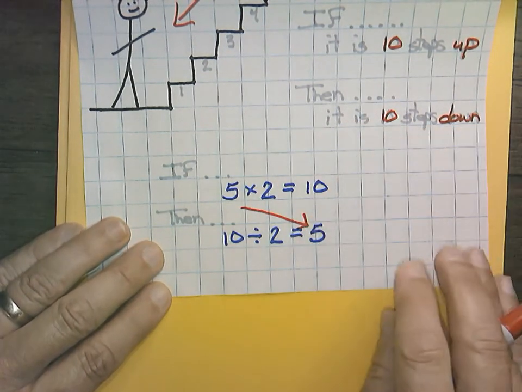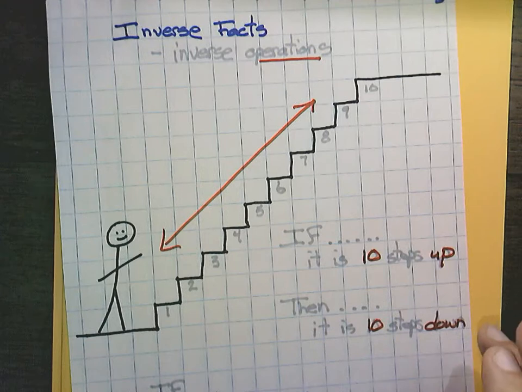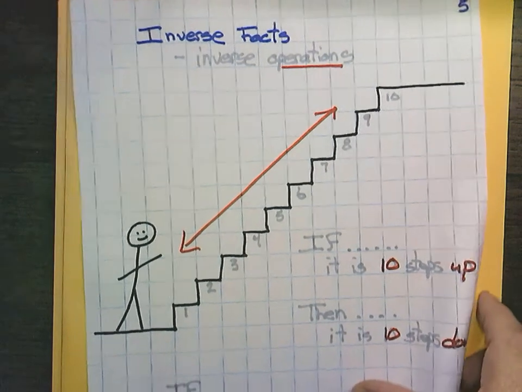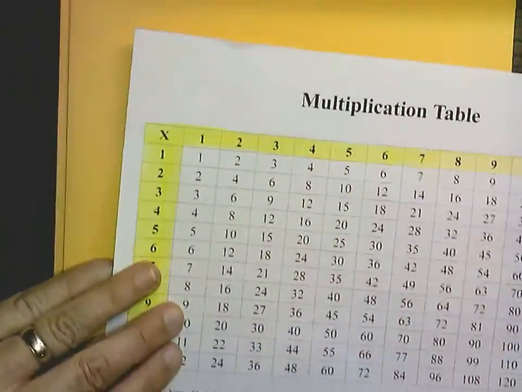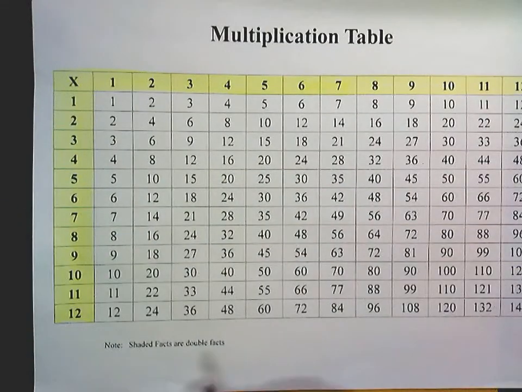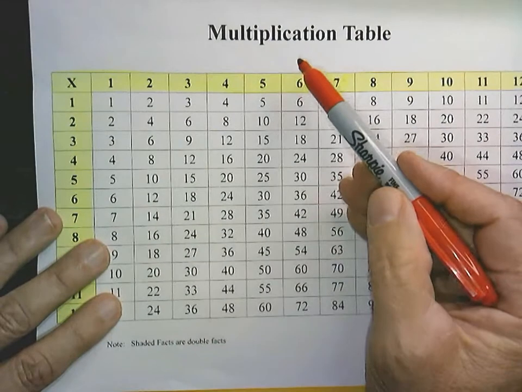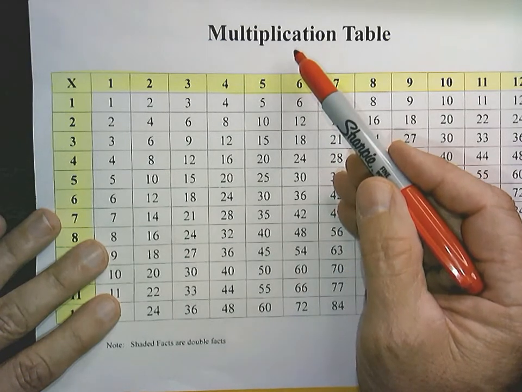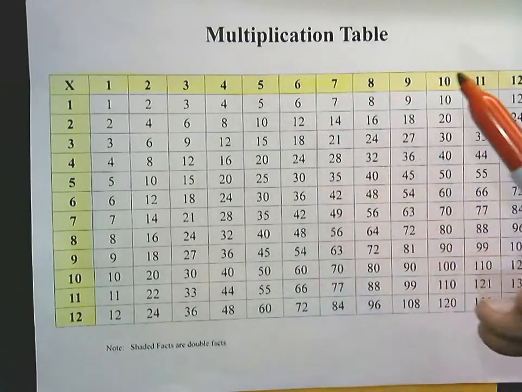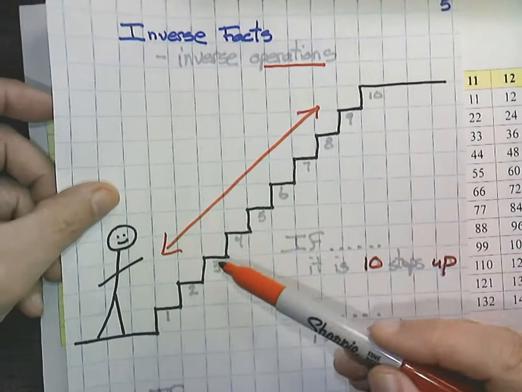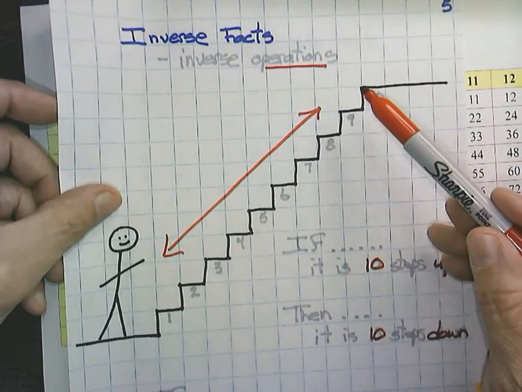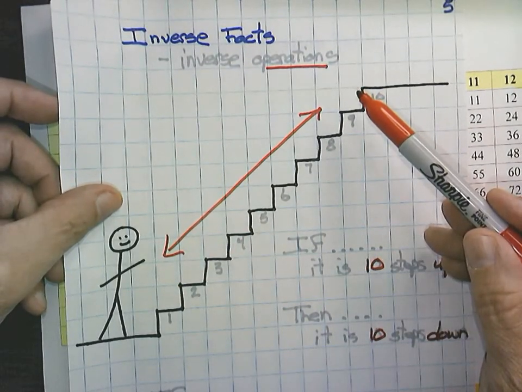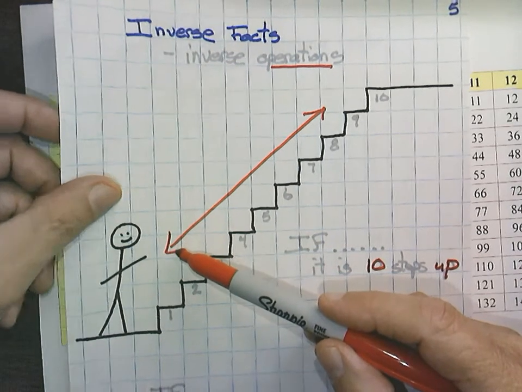Now, that's important because that's why we can use a multiplication chart to solve division. Because again, that doesn't say division table, that says multiplication table. But because of inverse operations, because of this idea that when you go up 10 stairs, you go down 10 stairs.